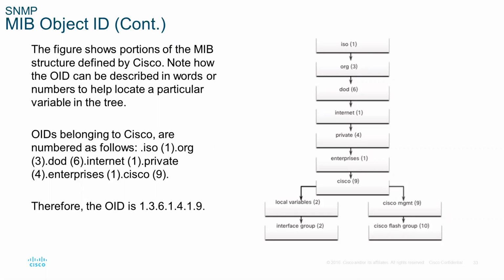Okay, so we've got the ISO, it's an org, it's part of the DoD, created the internet, it's private, it's an enterprise, and the enterprise name is Cisco. So its IDs start with 136.141.9. Then it breaks off into the sub-variables.